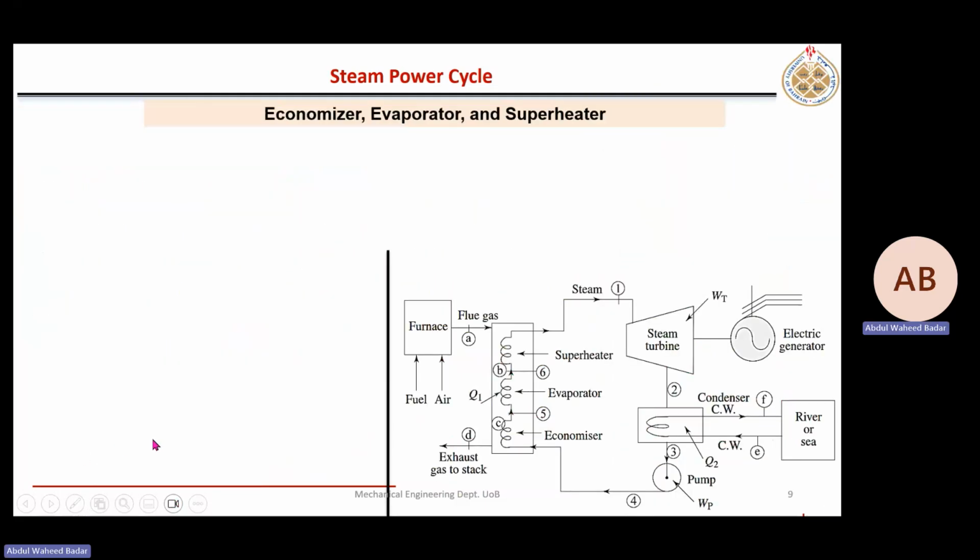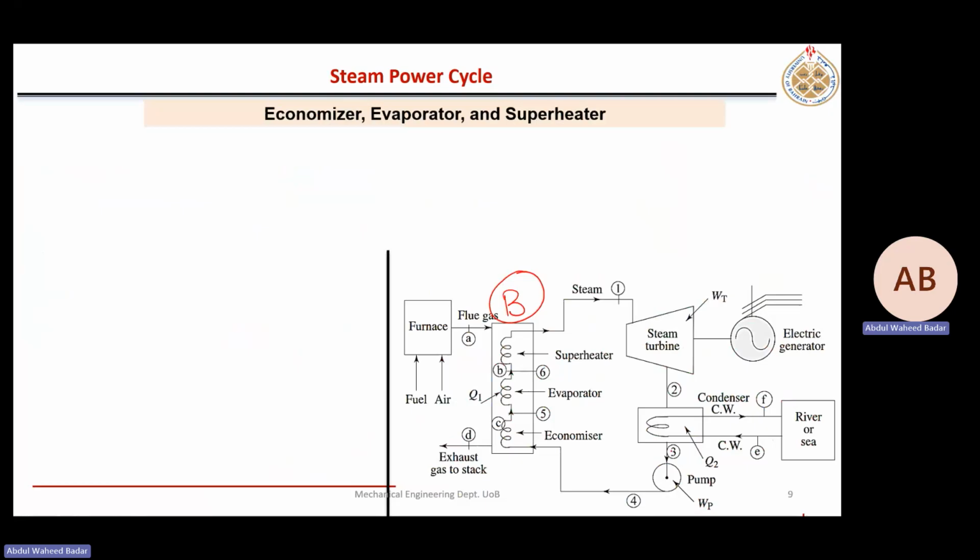Now let's discuss this thing. We have a separate chapter on the boiler, but briefly let's see what is happening inside a boiler. The term boiler is normally used for the overall heating process, but specifically boiler is only the part which is inside the dome.